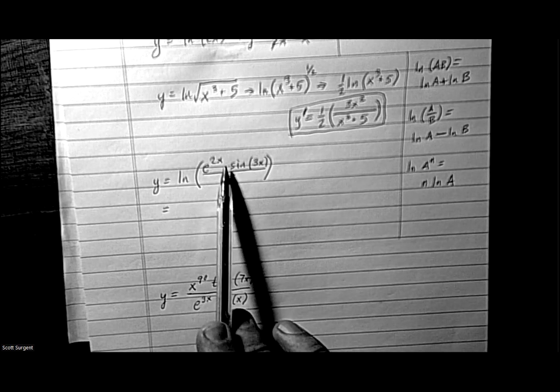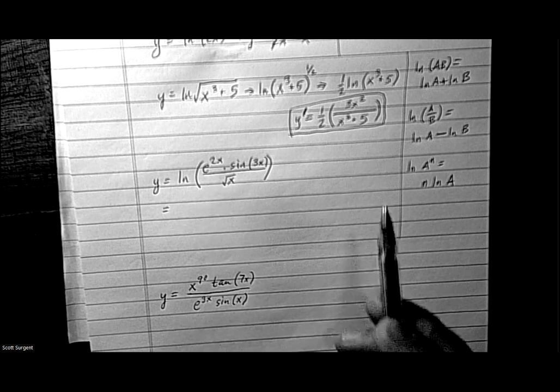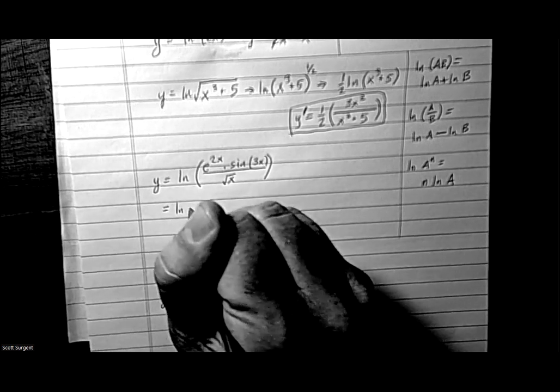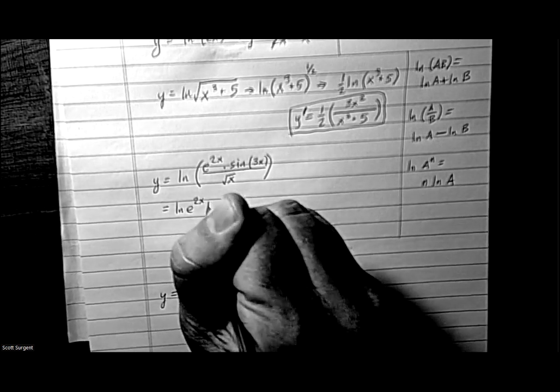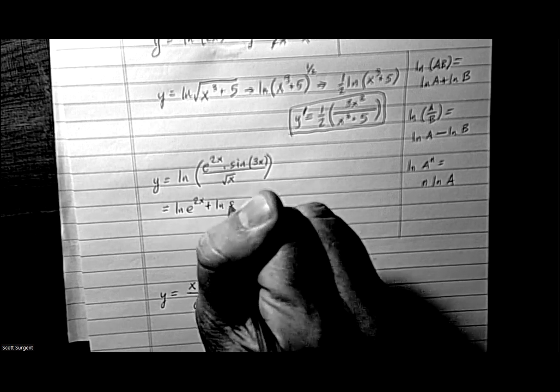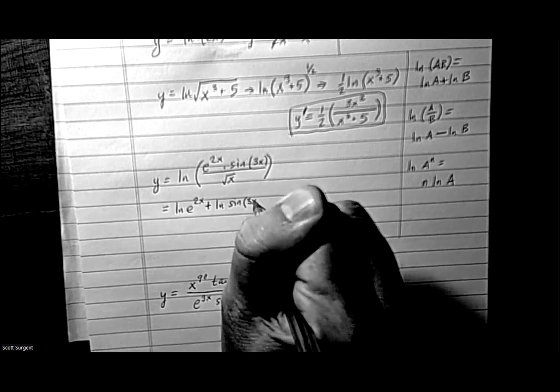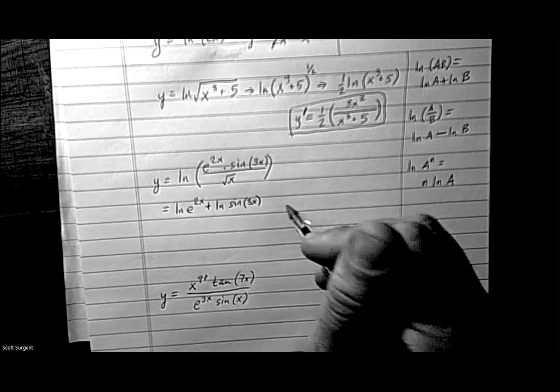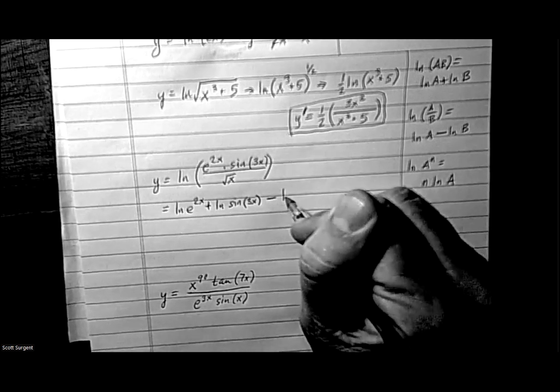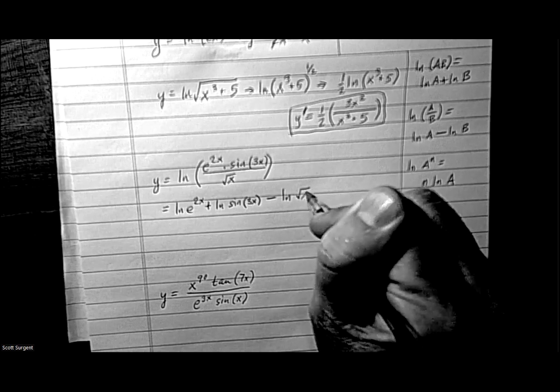At the multiplication symbol, I'll break that apart as a plus. And then at this division symbol, I'll use this property here, break it apart as a minus. Again, I haven't yet taken the derivative.